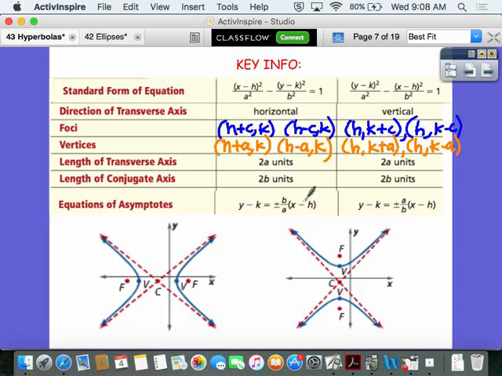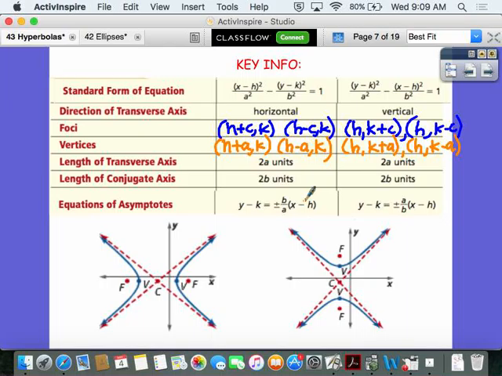So whatever b is, over whatever a is, that's going to be the slope for a horizontal hyperbola. But if it's vertical, it's y minus k equals plus or minus a over b, x minus h. Okay? So this time it's going to be a over b. And these are the components of key information to represent your hyperbolas.